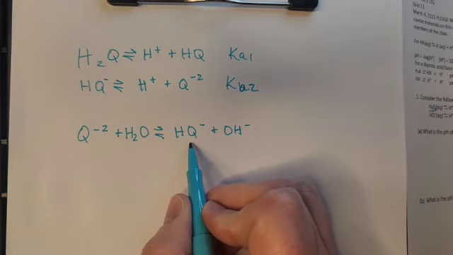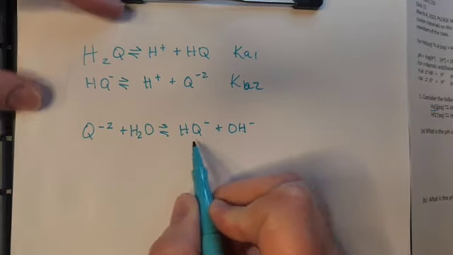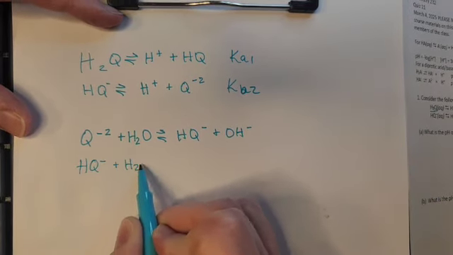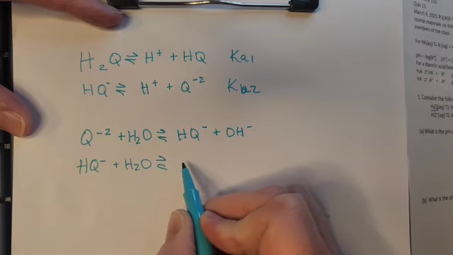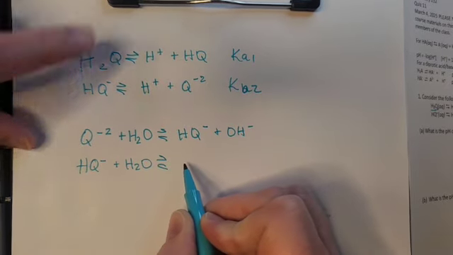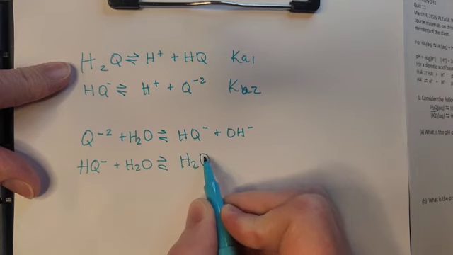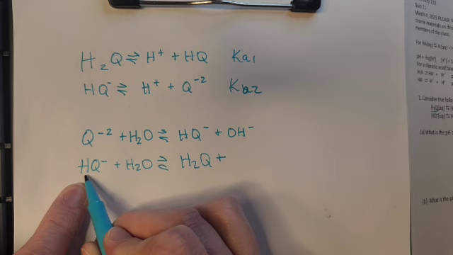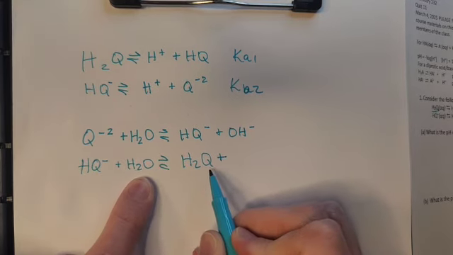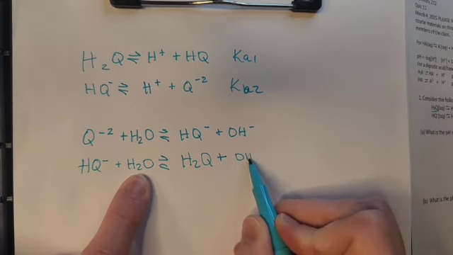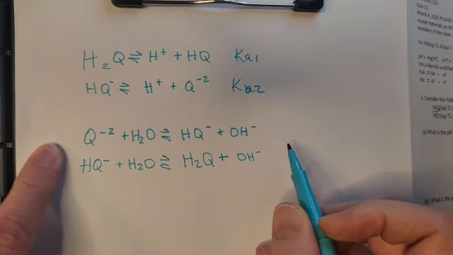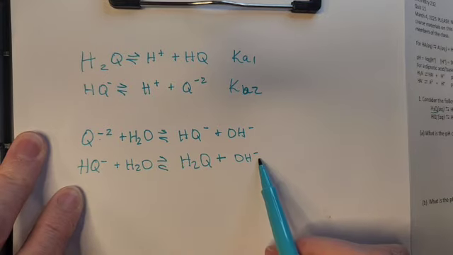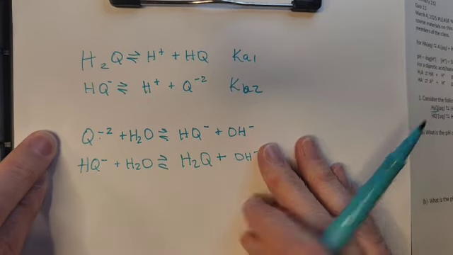So then we're going to take HQ minus, which is our other half, and we're again going to put that with water, and that is going to give us H2Q plus OH minus, so you've got one H going over here and one H that's staying. And if you look at your charge balances, you've got minus 2 here, minus 1 here, and then a minus here. So your charges balance.